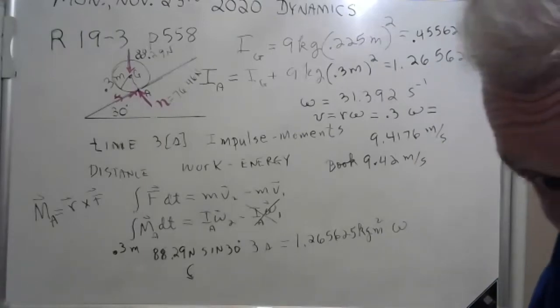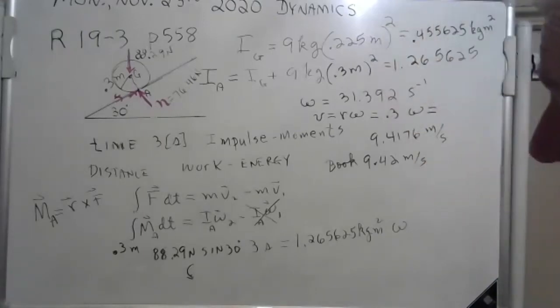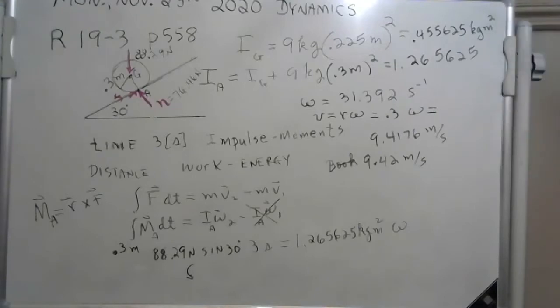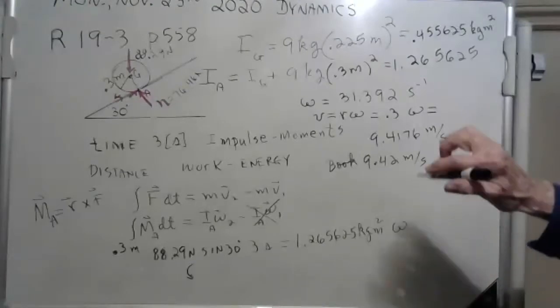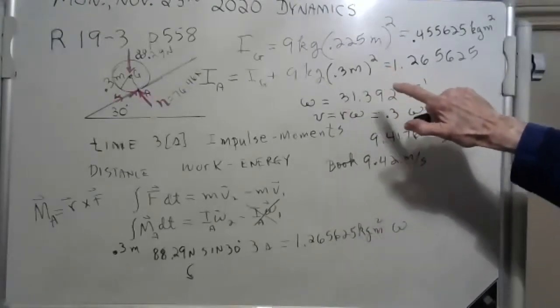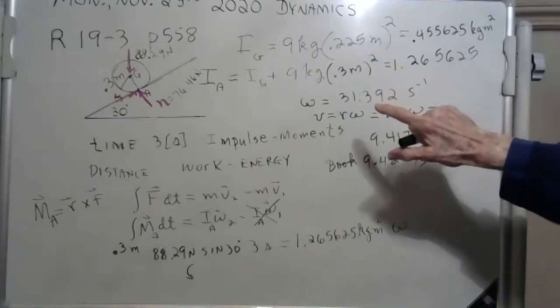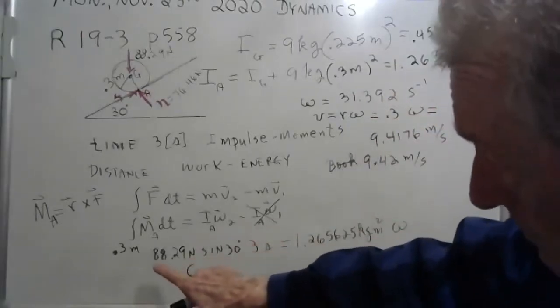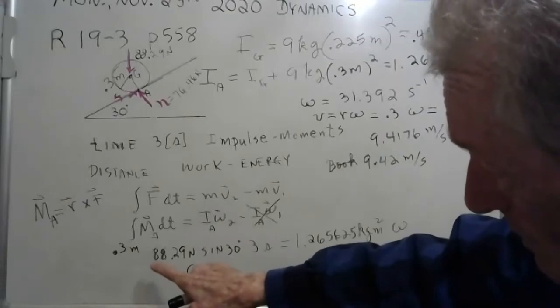Do you have any questions about review problem 19.3? I'm not getting the same omega. Okay, hang on. To get that omega, you got to use, who am I talking to? This is Stuart.